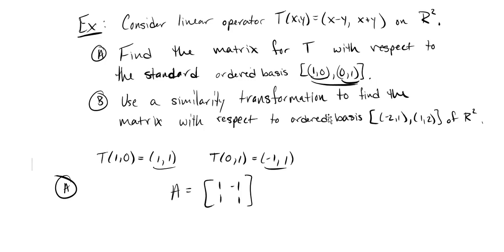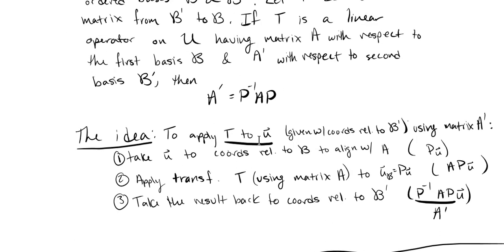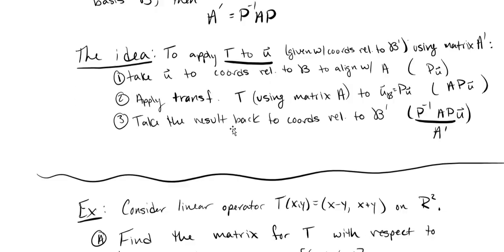Now use a similarity transformation to find the matrix with respect to the ordered basis negative 2, 1, 1, 2. So this is exactly what we can use this up here for. To do this, all we really need is the transition matrix from the basis that we want to be in back to the basis we're already in.